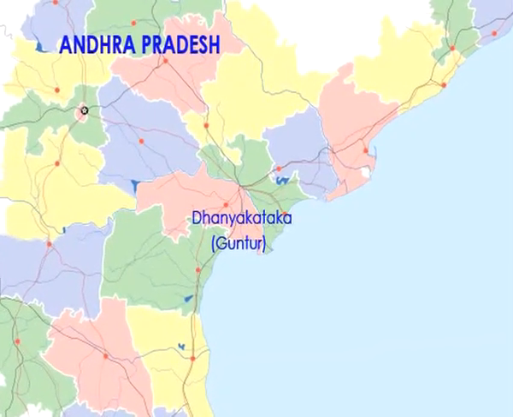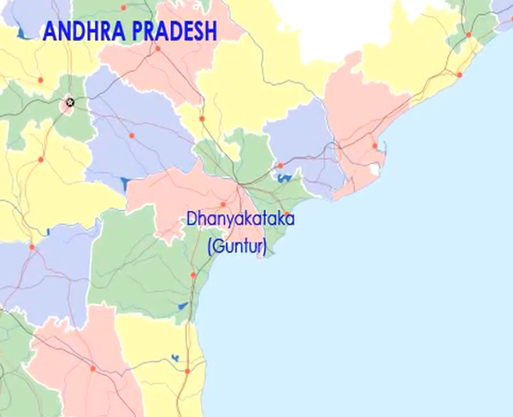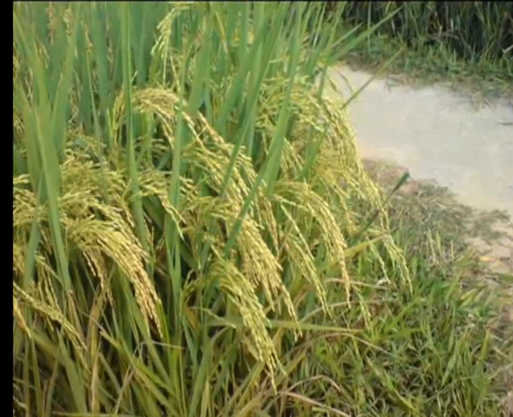Dhanyakataka is a famous Buddhist site in eastern Deccan. The very name Dhanyakataka, which figures in inscriptions, literally means a rice bowl. Obviously, the place becomes known as Dhanyakataka in eastern Deccan because in the post-Maurya period, this area began to yield excellent paddy as crops.